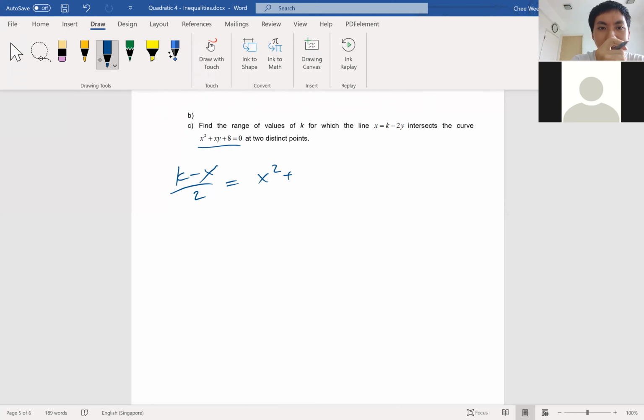If it's intersecting the curve at two distinct points, can't you just equate them and say that the discriminant is greater than 0? Two distinct points, so just say it's greater than 0.